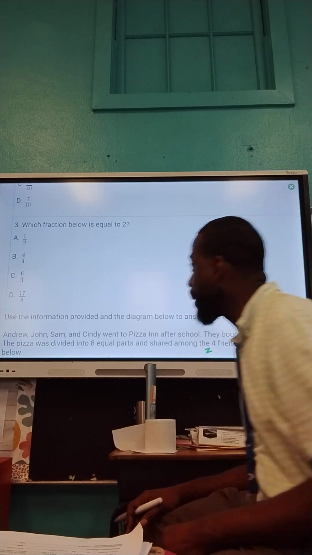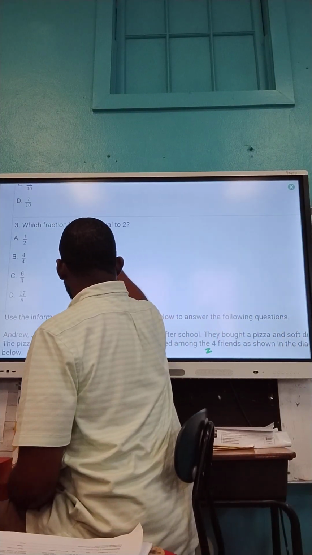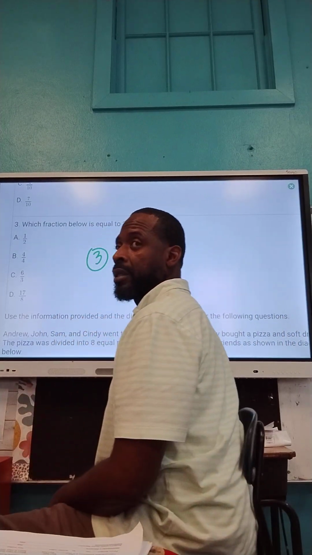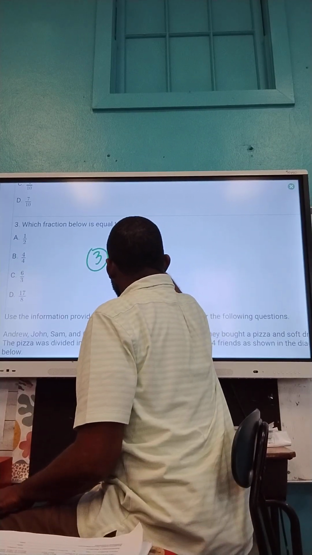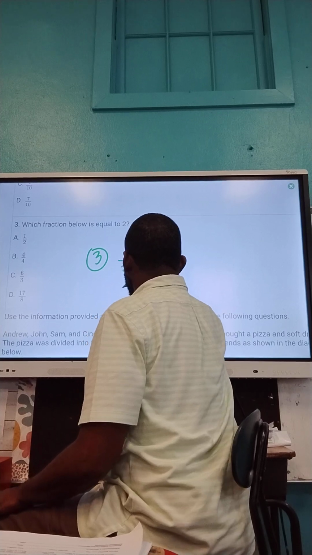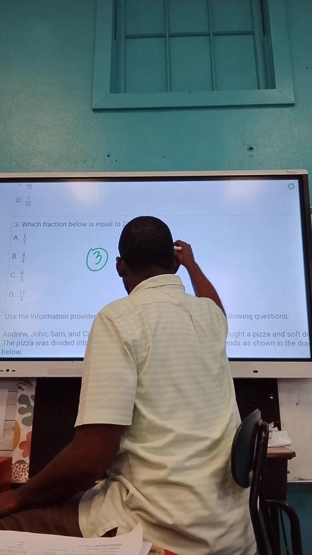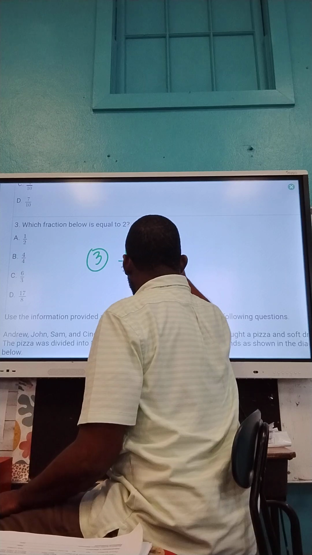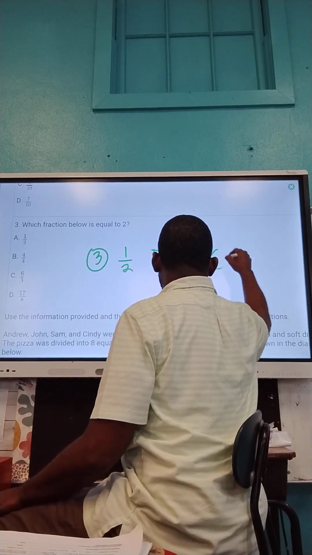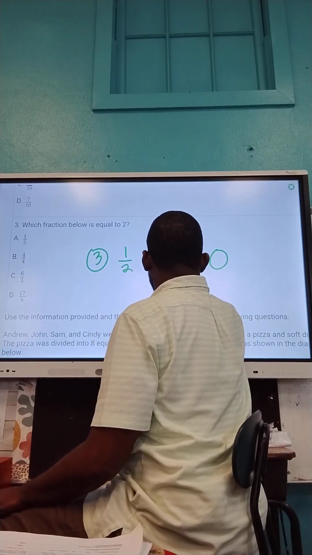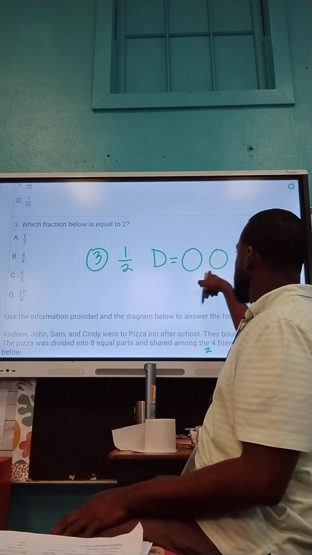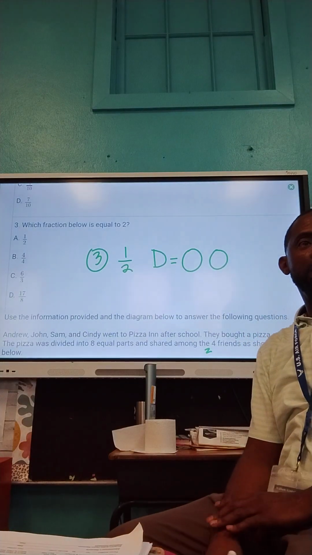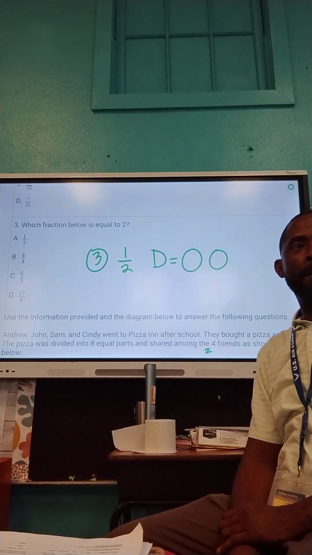All right, now on our paper, this is how I will write it down. Number 3. So now is half. This is what I'm going to do for half. I'm going to draw half of a pie, and I'm going to draw 2 whole pies, and then I'm going to ask myself, does this half a pizza equal 2 whole pies?